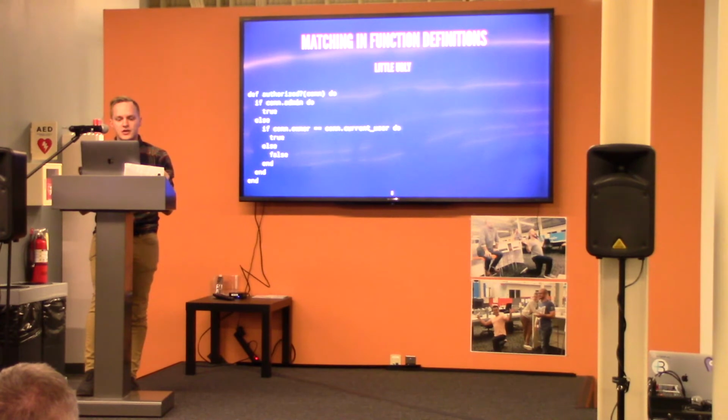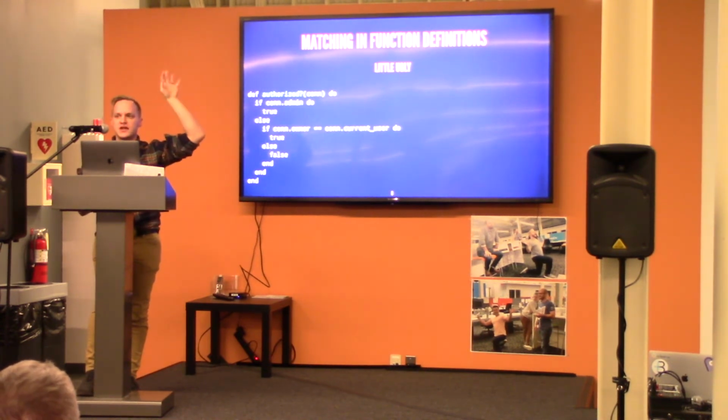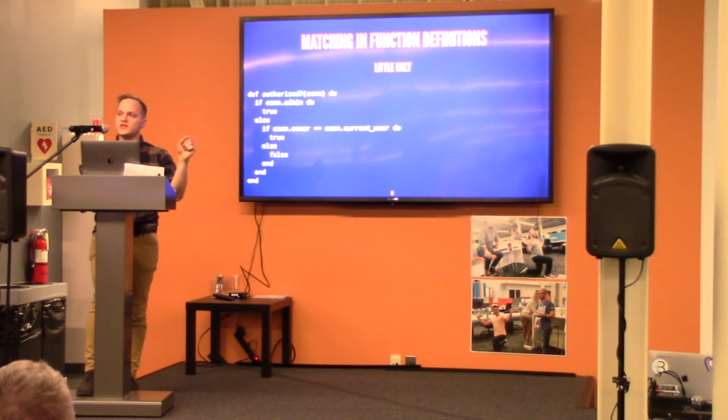In this case, I only have one function definition, and so I only have one function head. But if I were doing an authorization function where I'm taking a connection and then saying, okay, somewhere higher in the stack, someone checked who the user was, and they threw their username in, and they said, oh yes, they are or are not an admin, and I set the current user, and I set the owner of the resource that I'm looking at.